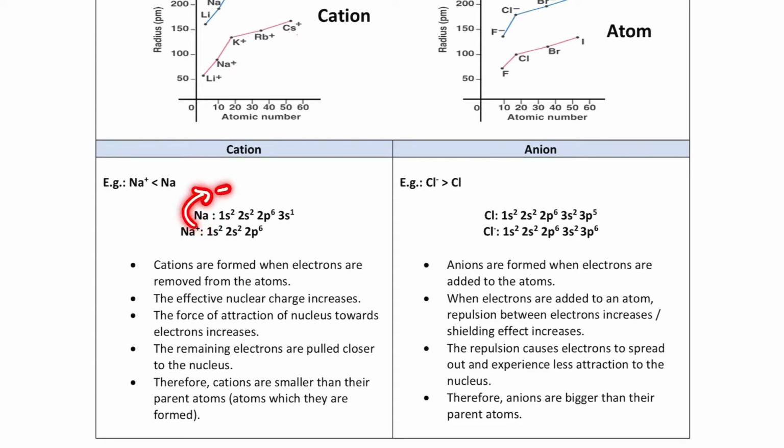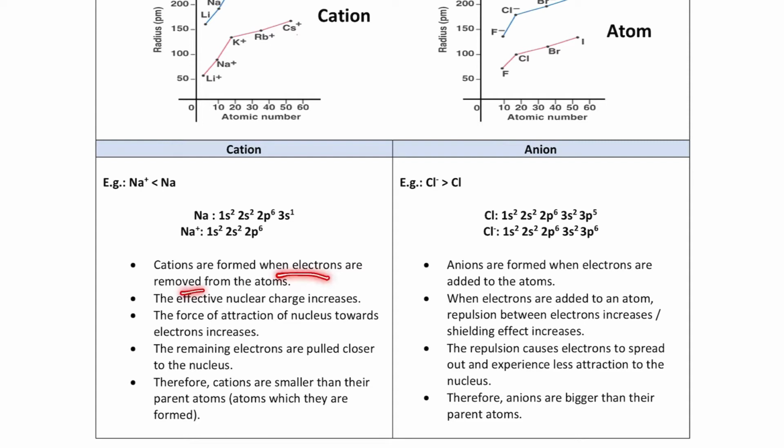Please remember, charge plus 1 means we remove one electron. When we remove one electron, we must remove it from the outermost shell, which is the 3s. So no more 3s here. We are left with 1s2, 2s2 and 2p6. Right now we have 11 protons and 10 electrons in sodium ion.